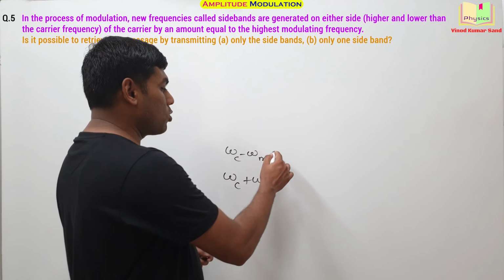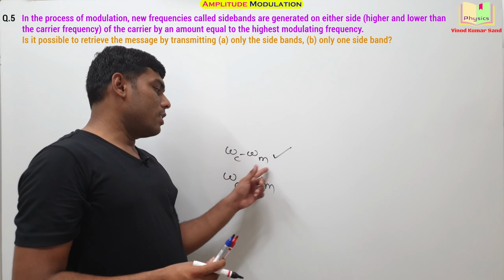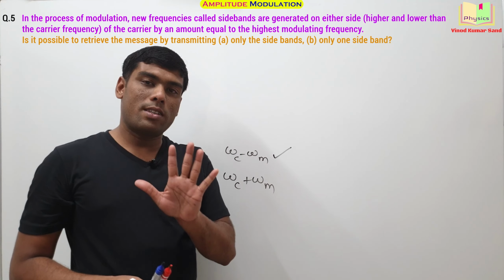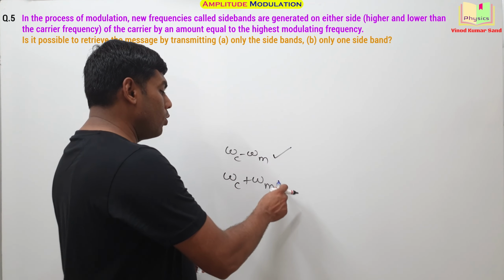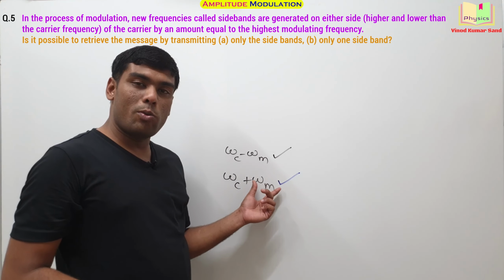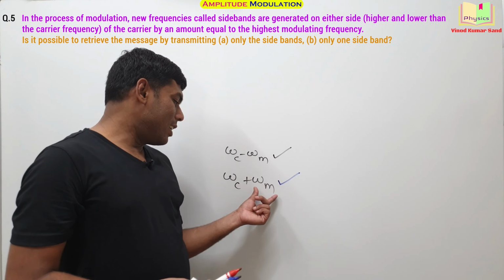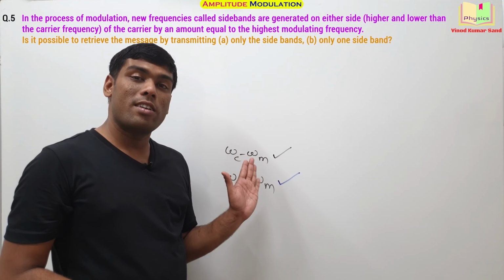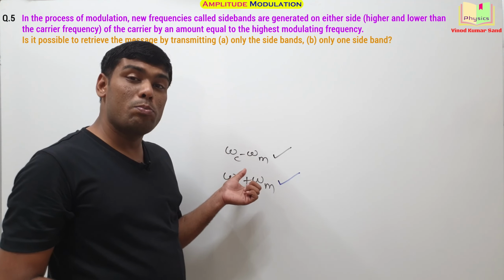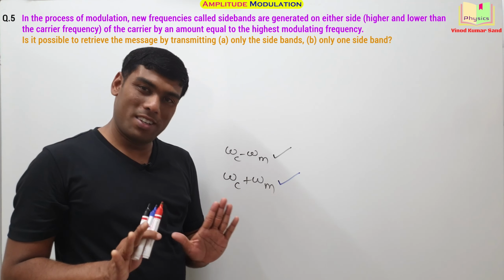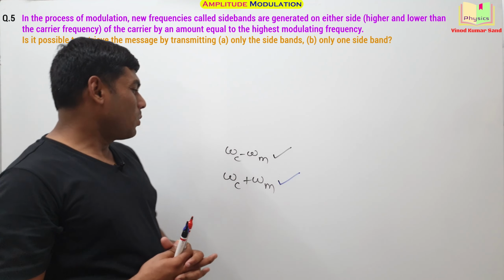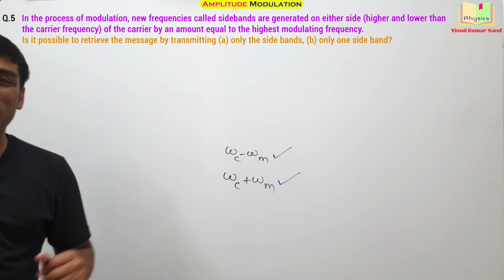For example, if you send only this, it contains omega m and using some mechanism the message can be retrieved. If you send only this, it also contains omega m. Using some technique the message signal can be received, and if you send both, even then the message signal can be retrieved. Got it? Note it down, then we'll take up the next one.